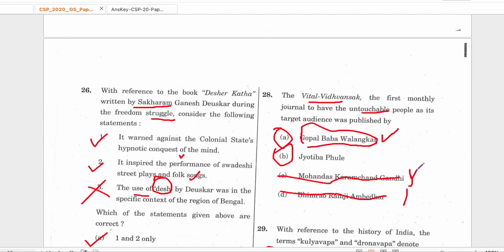If someone had to make options and wanted to confuse us, he would have written some other name like Babu Jagjivan Ram, again associated with untouchable people, or Thakkar Bappa. Why are they putting this difficult, big name somewhere?